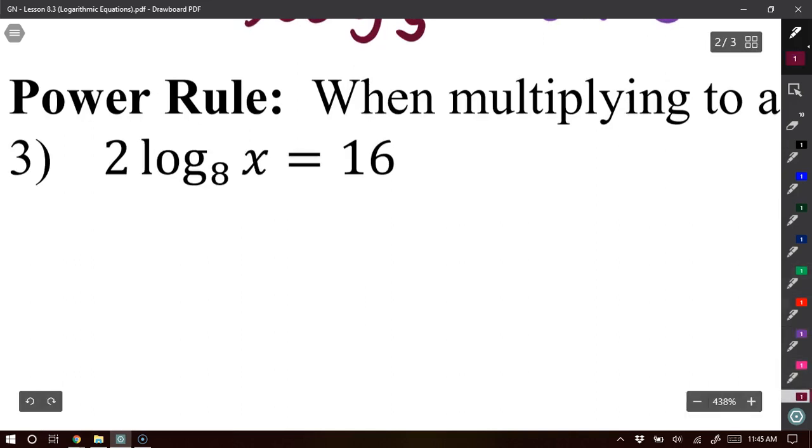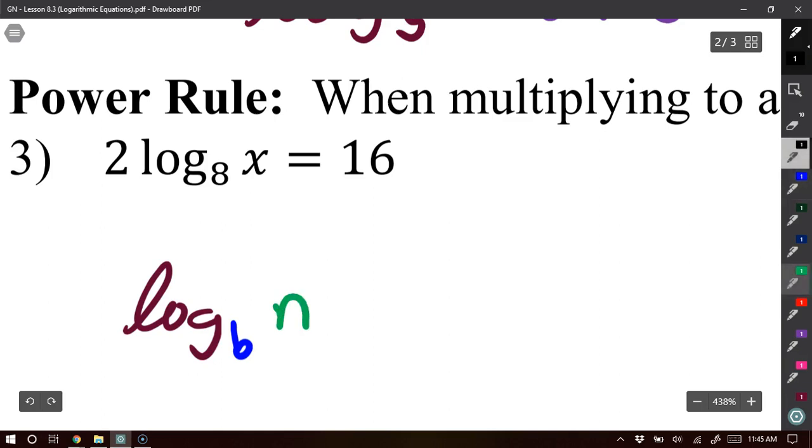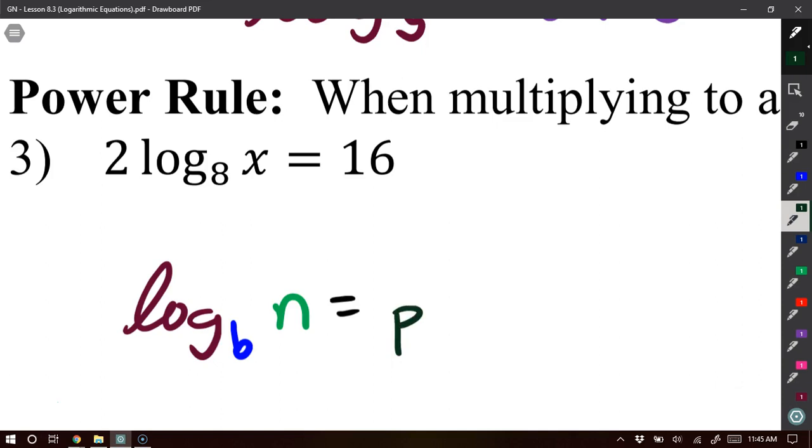Equations have to say log base number equals power. That's what we've been focusing on in this series of videos. Log of a base number equals power. What power of blank gives me blank? It has to look like that, which means, notice there is no coefficient here. I can't have one. So that 2 is a problem.